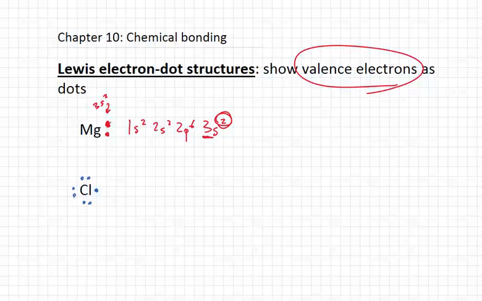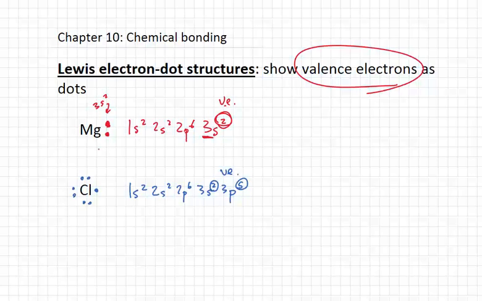We've drawn those 2 valence electrons. If chlorine is 1s2, 2s2, 2p6, 3s2, 3p5, which ones are the valence electrons there? 3s2 and 3p5. Those are the valence electrons that we've drawn.